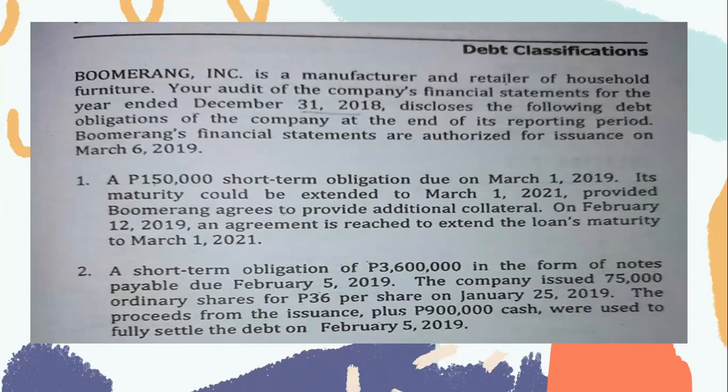Ito sa akin, question. Sabi dun, an agreement to refinance or to reschedule payment on a long-term basis is completed after the reporting period and before the financial statements are authorized for issue. So, kailan ba yung financial statements are authorized for issue?